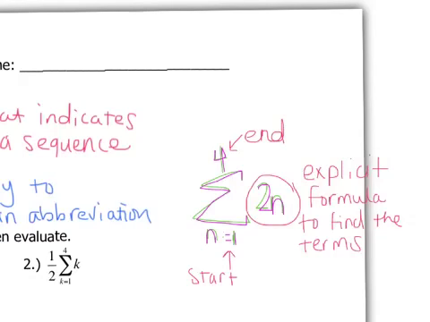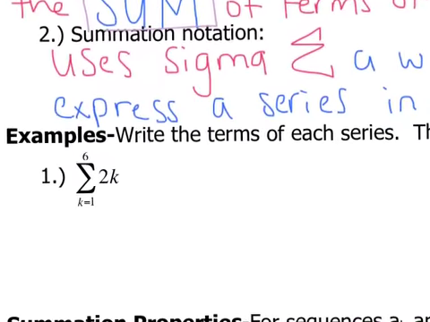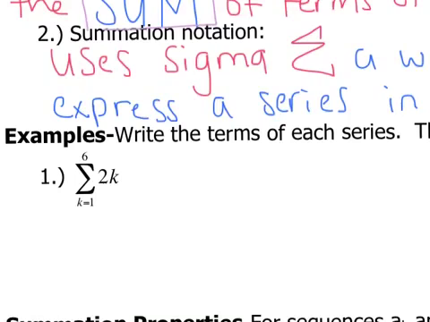The bottom number tells us what term to start with. The number on the top tells us what term to end with. And then the expression after sigma will tell us how to find the actual terms.